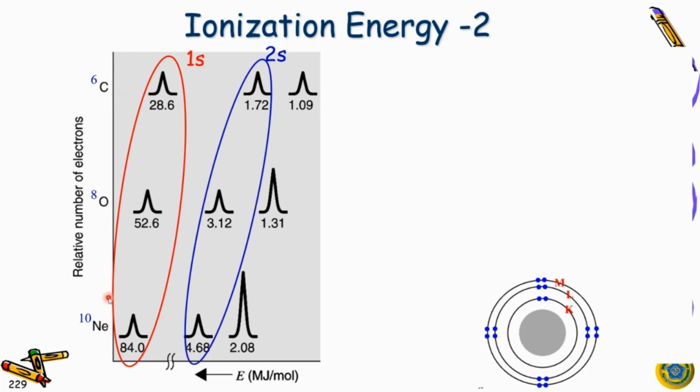And then this is 2s, and this is 2p. Because carbon has 6 electrons, the intensity is almost the same here. But oxygen has 8 electrons, so 2, 2, and 4. So the intensity of 2p is about double that of the 2s. Okay, and this one will be triple, right?